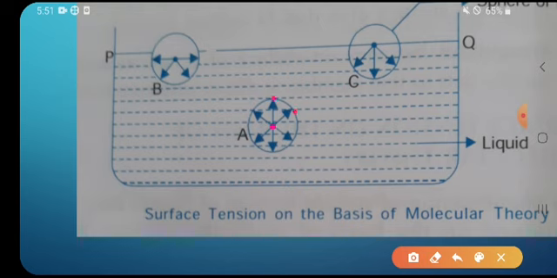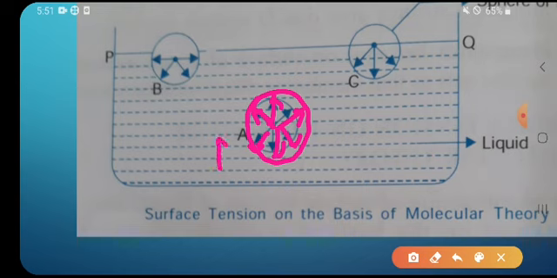Side molecules are attracted by this molecule. Each and every particle is attracted by the neighboring particles. So this attractive force between neighboring particles, with the same radius, draw a circle. It is called the sphere of influence.